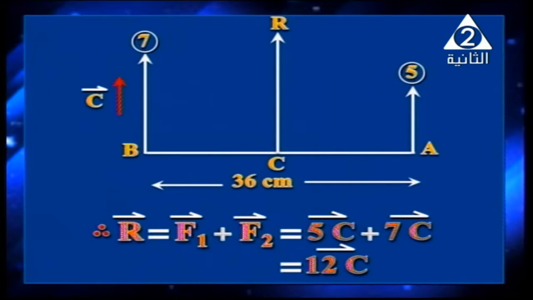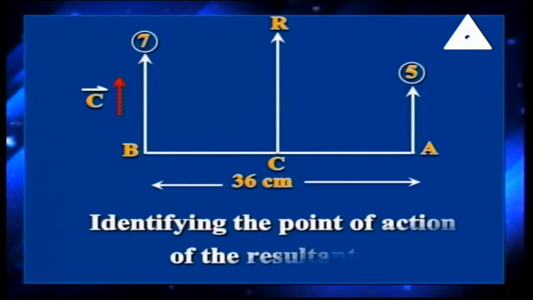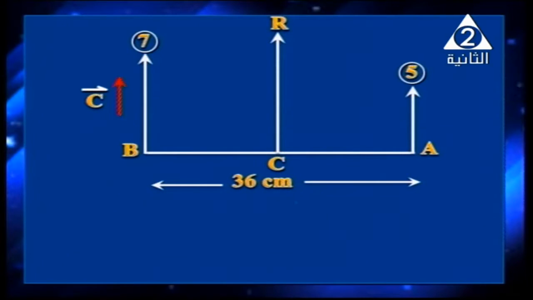Now we find the direction of R, or the point belonging to AB, is C, at a distance of x centimeters from A or B. Look, my dear student, at identifying the point of action of the resultant. Let's say C belongs to the line segment AB.